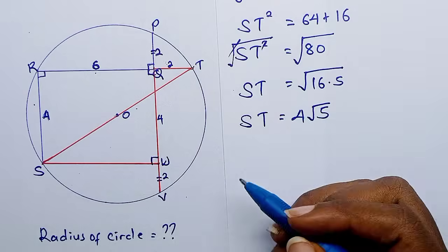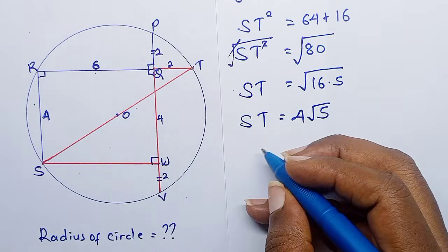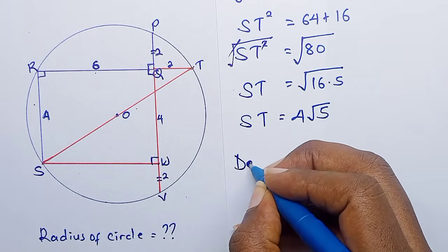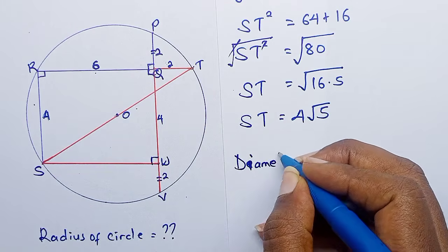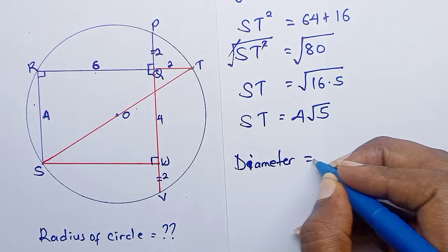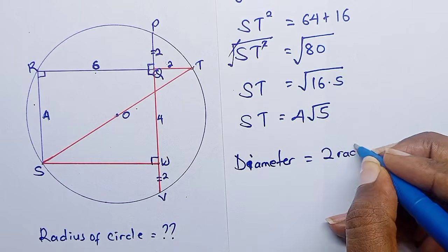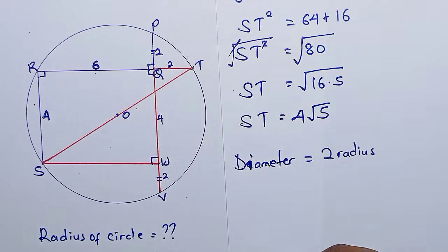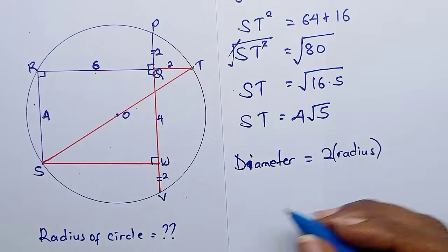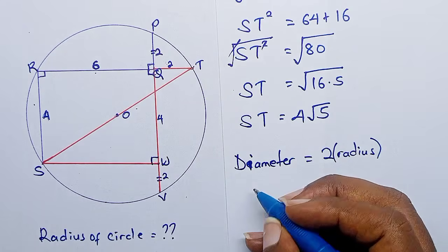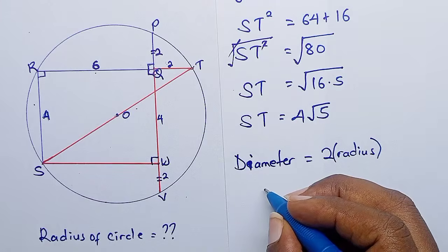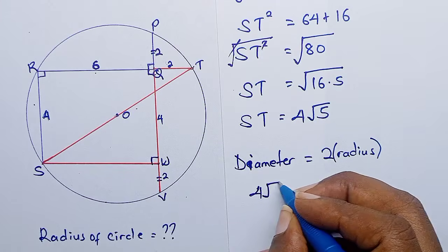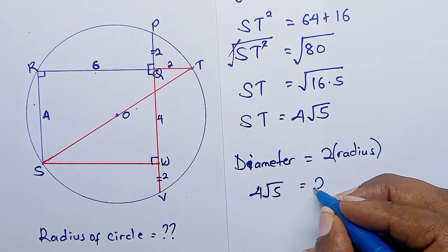Okay? And we know that diameter is equal to twice the radius. Twice radius. And our diameter, which is ST, is 4 root 5, equal to 2R.